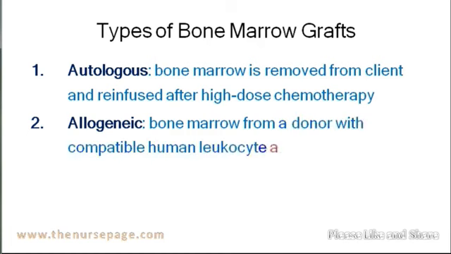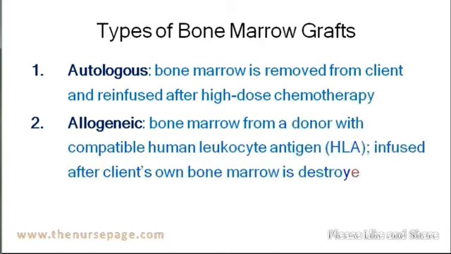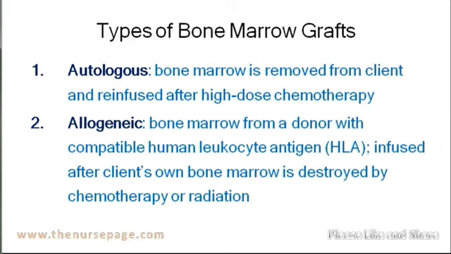Next type of bone marrow graft is allogenic. Allogenic means bone marrow from a donor, that is another person, with compatible human leukocyte antigen. That is important. It is infused after the client's own bone marrow is destroyed by chemotherapy or radiation.